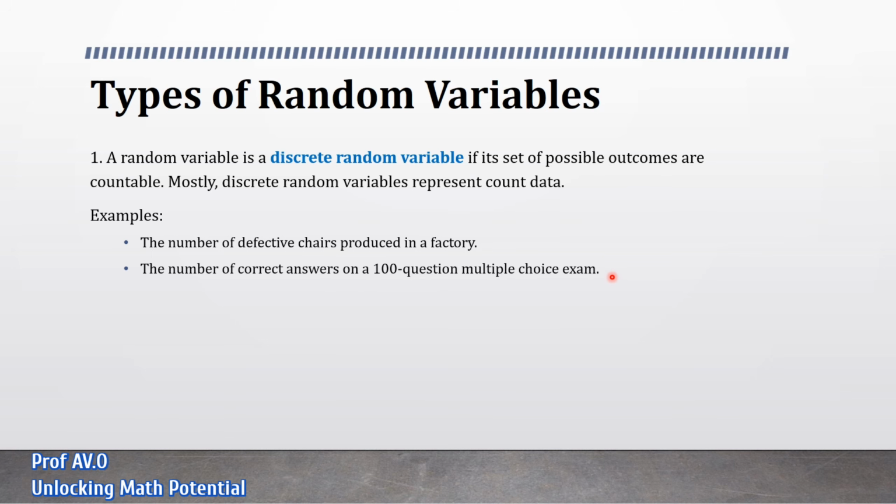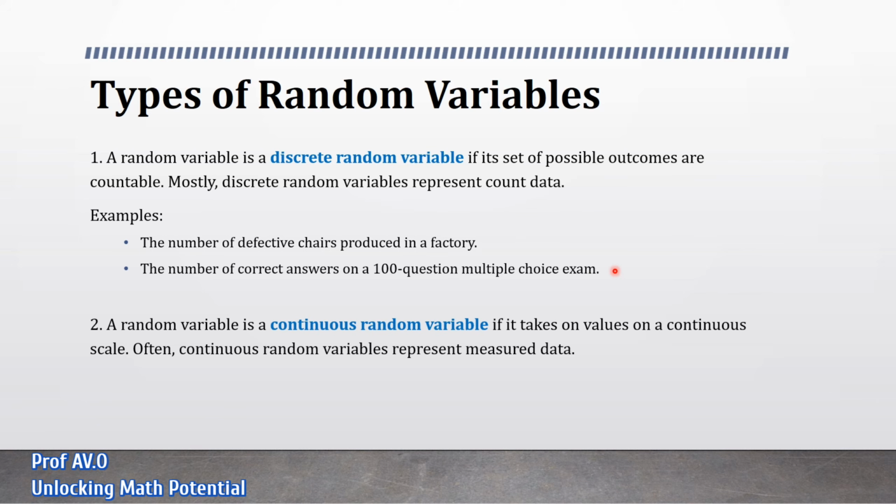Let's say out of 100 question, you have only 60 correct answers. So diba, we can count the correct answer. Again, for discrete random variable, all the possible outcomes are countable. So nabibilang natin.